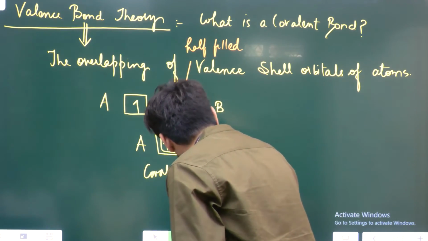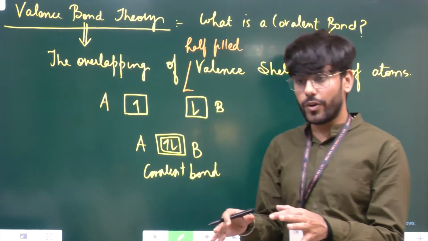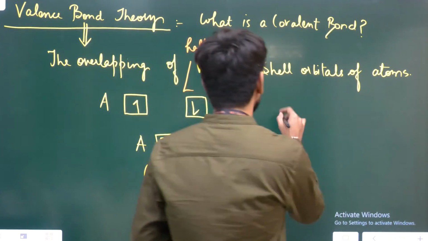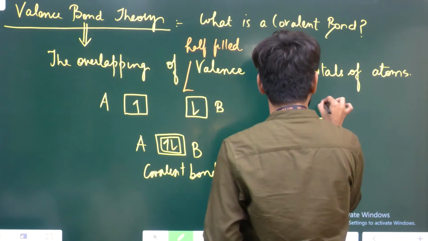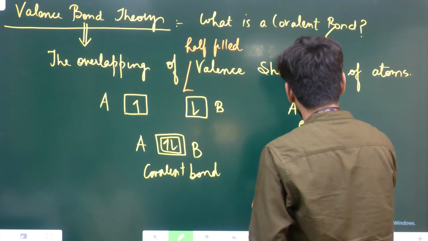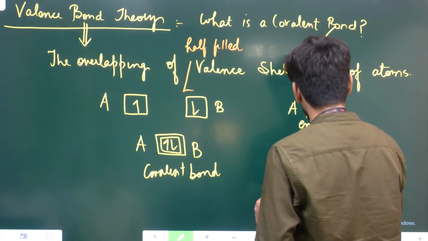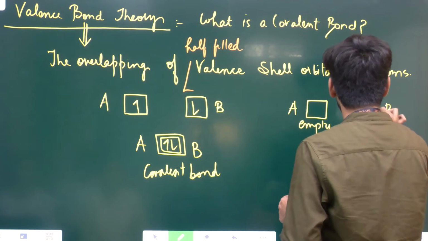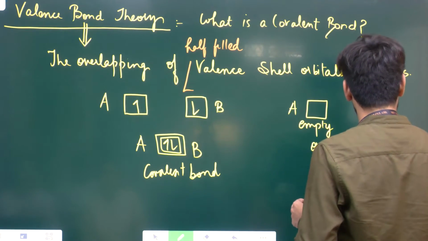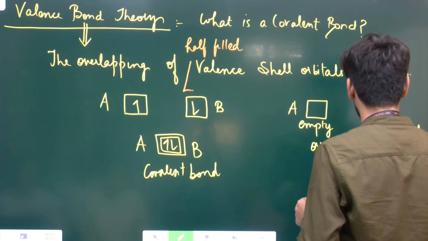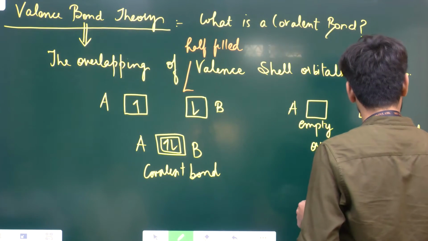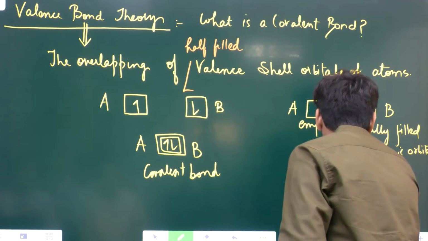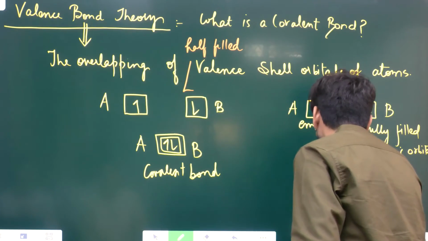But I also discussed with you the coordinate bond, which I said is a special kind of covalent bond. So see. Suppose I have an atom A which has an empty orbital, and I have atom B which has a fully filled atomic orbital. So overlapping of these results, still I get a bond like this.